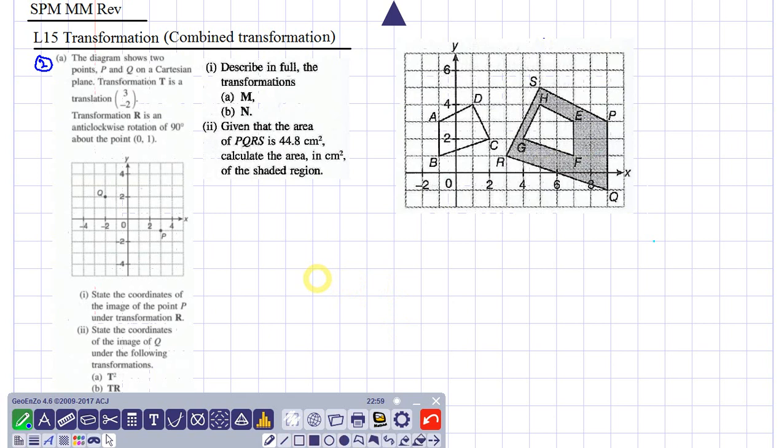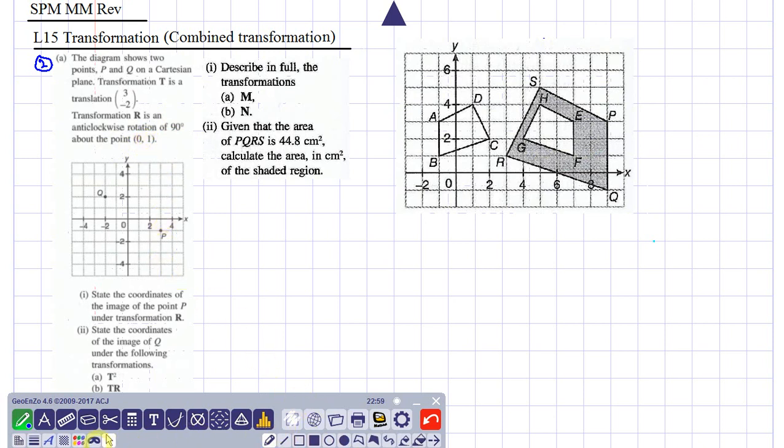Let's try this another question. Diagram shows 2 points P and Q on a Cartesian plane. The transformation T is a translation 3, -2. 3 steps to your right, 2 steps go down. Okay, so transformation R is an anti-clockwise rotation 90 degree about the point 0, 1.